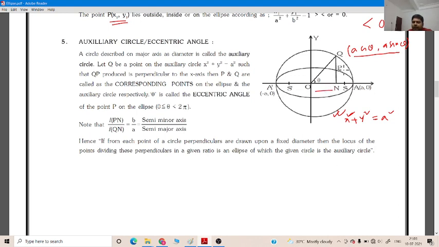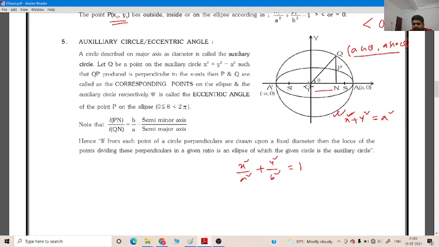Now you have to find the coordinate of this point P. Here a particular point P always lies on the ellipse. The equation of the ellipse was like x square by a square plus y square by b square is equal to 1.